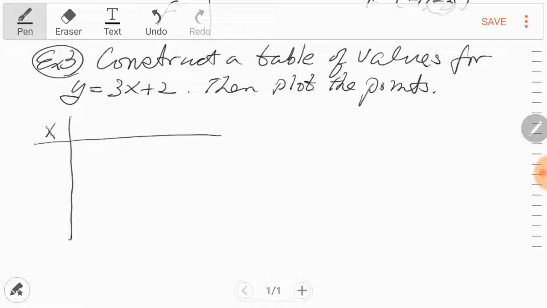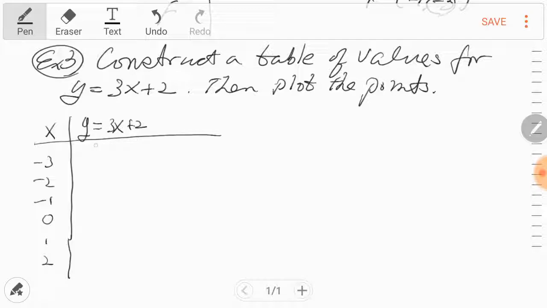Let me write the x values in the first column and the y values in the second column. Then y should be 3x plus 2. So let's try x values starting from -3, -2, -1, 0. Let's try more, 1 and 2.